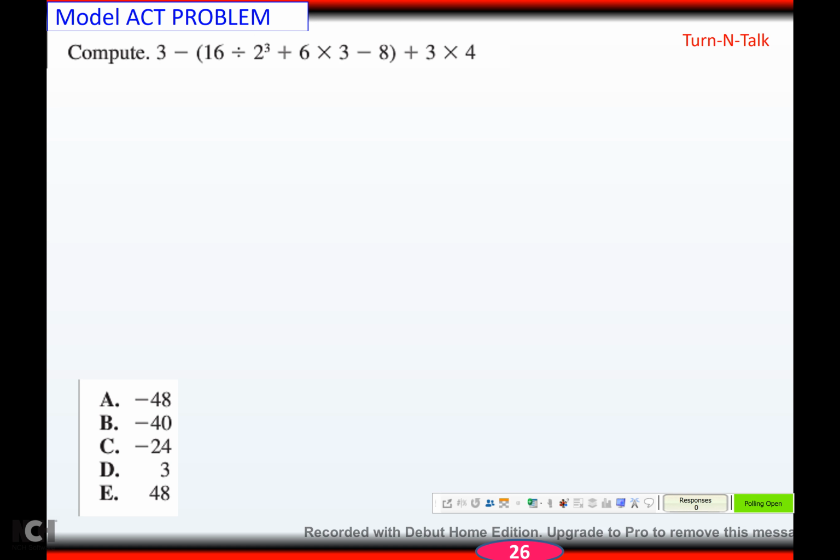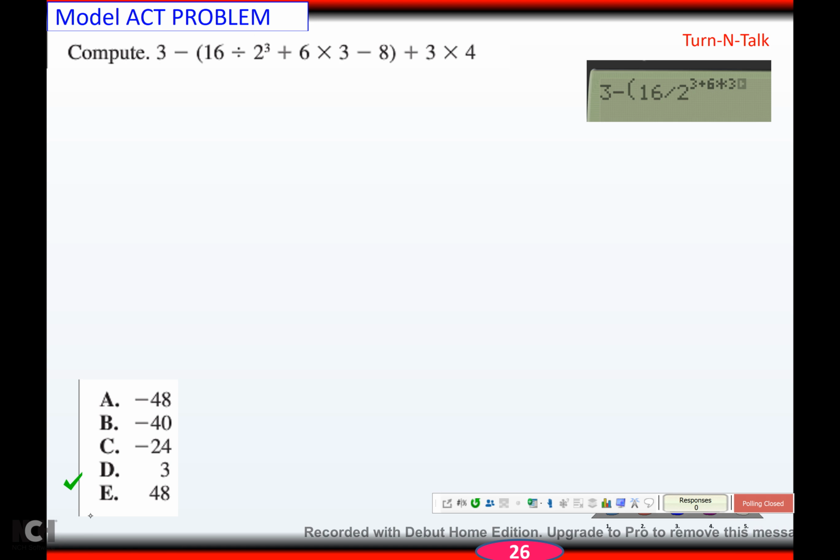Try this one. Hit pause. Come back when you're ready. And hopefully you got, it looks like it's halfway in between. Let's see. Oh, and be careful when you type. See, on my calculator, when I started, I did 3 minus, open my parentheses, 16 divided by 2 cubed, and then I started typing the rest of this, and notice that it's still up in the air.